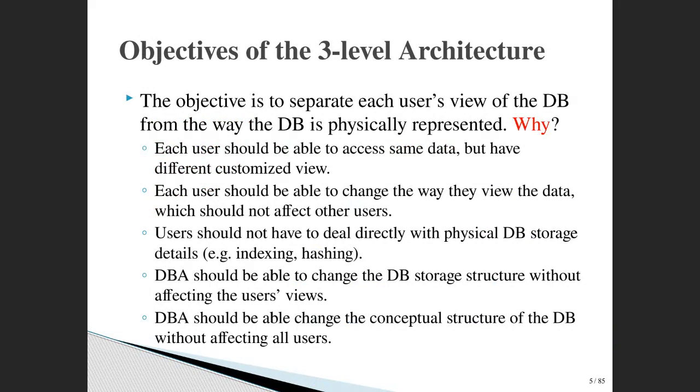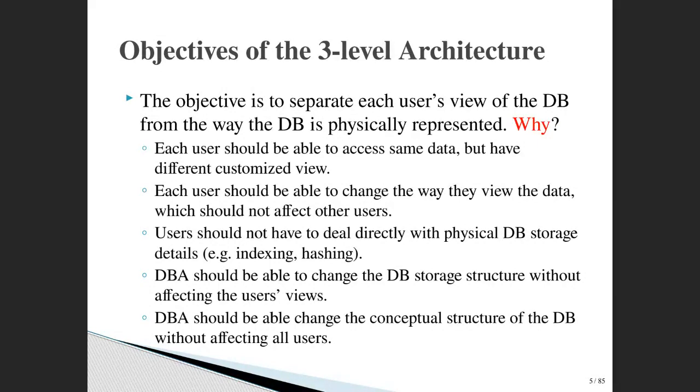Now, why do we have to use the three-level architecture? What's the reason? Now, we know that the main aim or the main objective that we have, we need to get three-level architecture, is to separate each user view of the database from what? From the physical representation of the database.